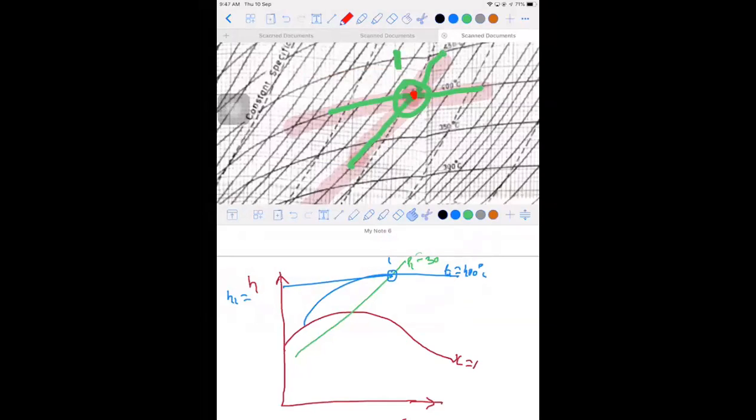You can make it 3230 or 3240, as we cannot read to a precision of 10. So H1 is 3230.